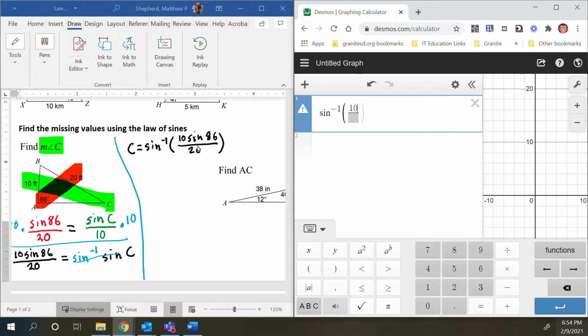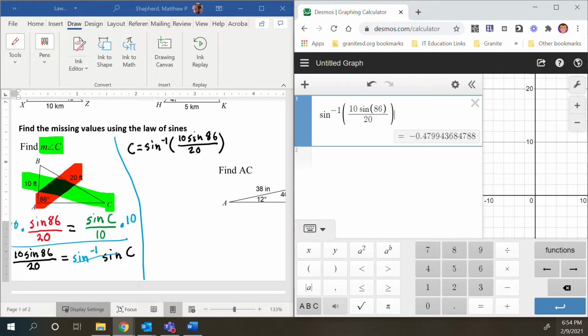So I'm going to type in 10, and you don't always have to click the sine key. You can also just type sine out, and it will know exactly what it's doing with that. So 10 sine of 86 divided by 20. Now there is one problem before we get our answer. Notice, I was calculating angle C, and this says that my angle is a negative 0.47.